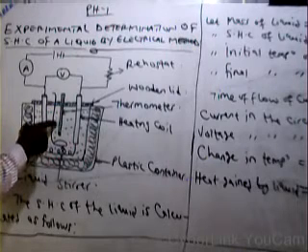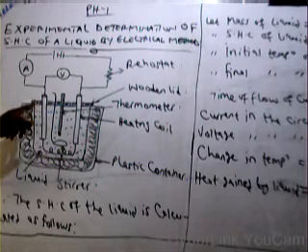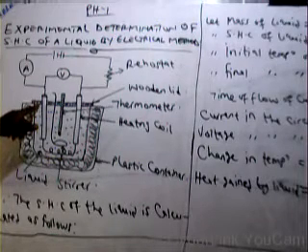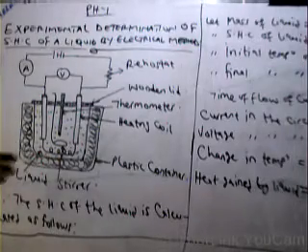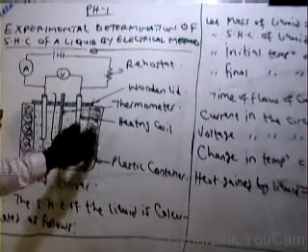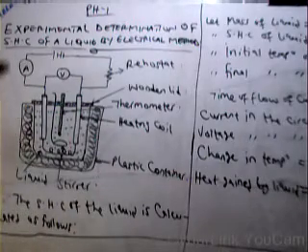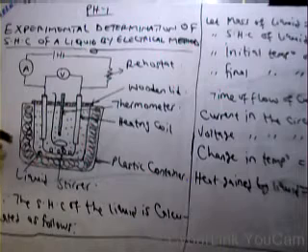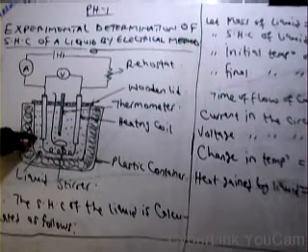We have the thermometer. Then we have the wooden lid, which serves as a cover for the whole plastic container. Then we now have the liquid. The liquid we want to determine its specific heat capacity is inside this plastic container.